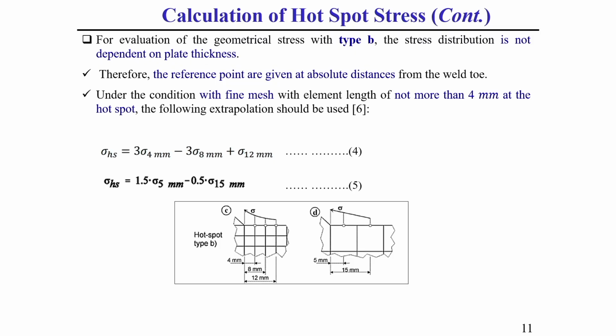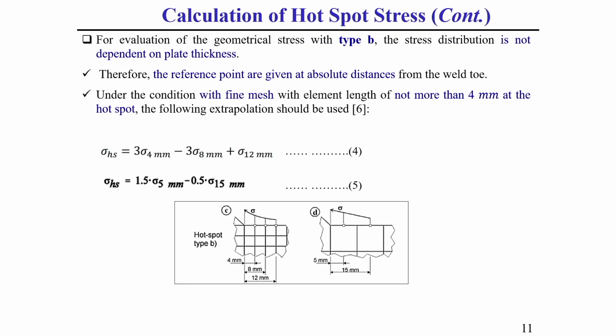Now, we will discuss type B hot spot stress. For type B, instead of taking the stress location as a function of T, we need to consider the stress location at an absolute distance from the toe location.